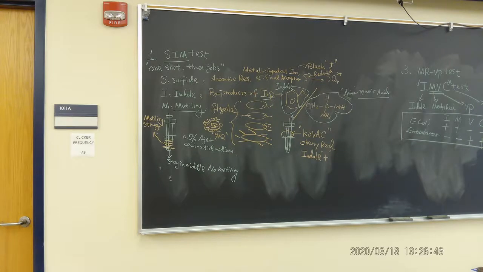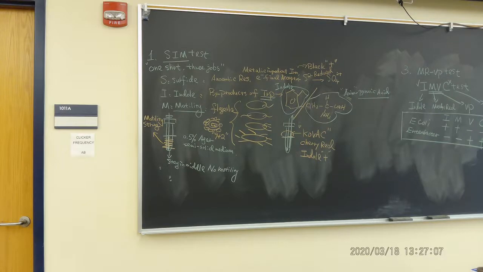Now we're going to assign the culture. What we have today is, you guys do E. coli. You guys do Pseudomonas aeruginosa, you guys do Proteus vulgaris, and the last group, let me see what we have, you do Staphylococcus aureus.